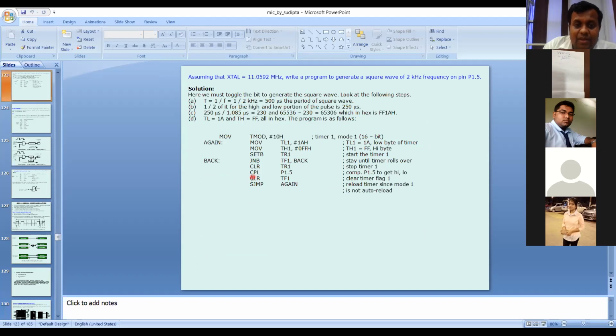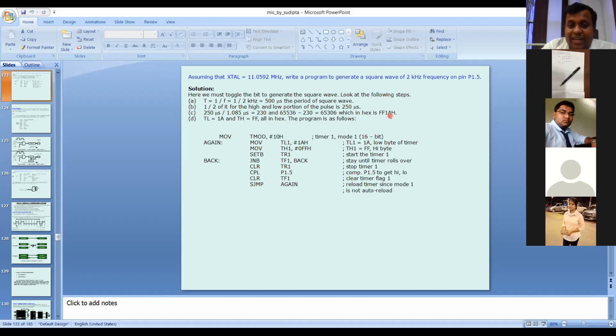So 65536 minus 230 is equal to 65306. If you convert that into hexadecimal, you will get FF1A. FF will be put into THx and 1A will be put into TLx.